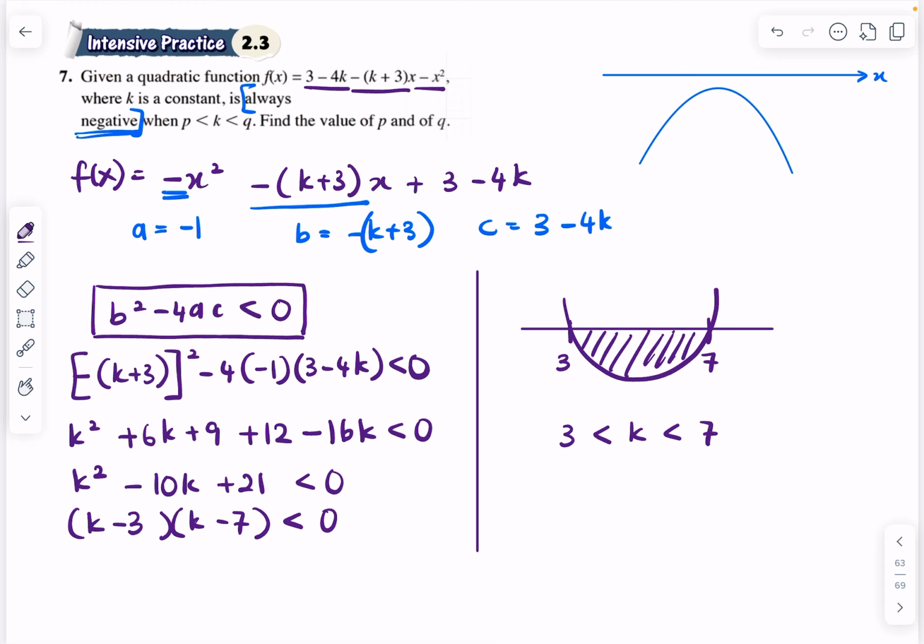Okay, these are the range of values of k. And they gave us the range of values of k are p and q. So this will be p and this will be q. So we can say p is 3, q is 7. Okay, we just compare. That's it. This will be our answer.